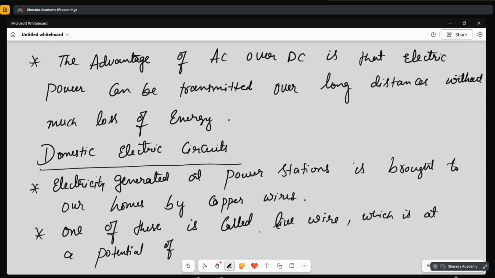One of these is called live wire, which is at a potential of 220 volts, with a frequency of 50 hertz. Why not zinc? See the cost. Zinc is ductile, but all metals are ductile.